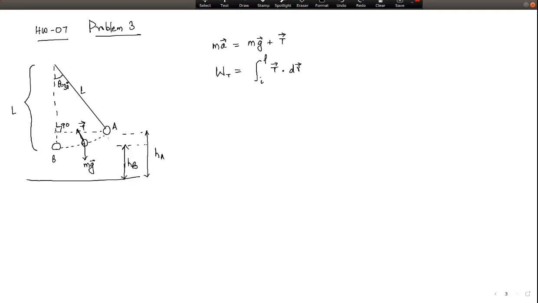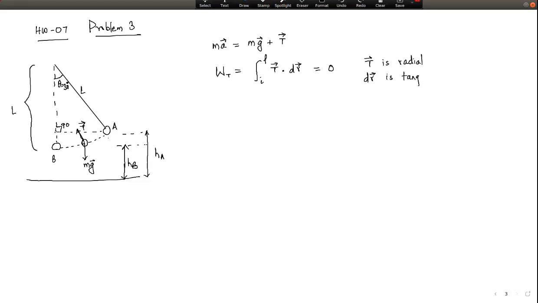But tension is always perpendicular to the displacement because tension is in the radial direction and the displacement is in the tangential direction. So that's equal to zero because T is radial and dr, the infinitesimal displacement, is tangential.